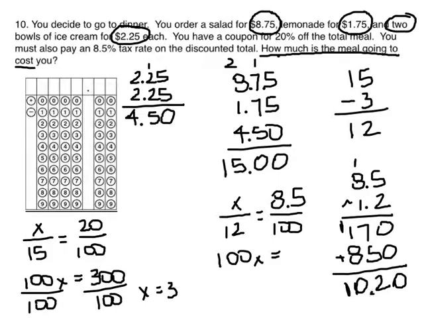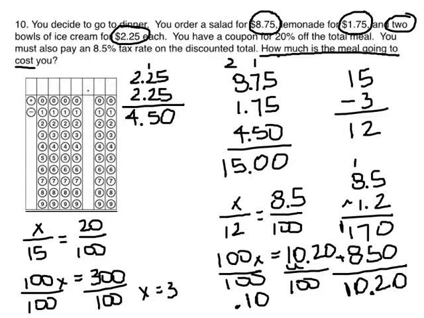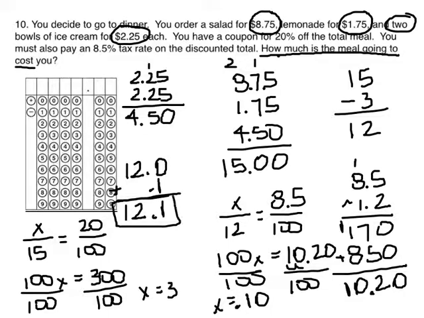See, two numbers to the right of the decimal place. 1020. Move your decimal over when you divide by 100. It's going to be 10.20, so about 0.1 dollars. So we did 15 minus 3 is 12, so 12 plus 0.1.